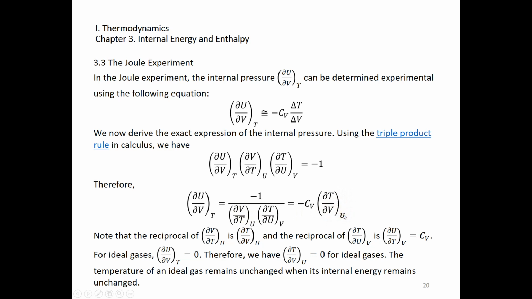For an ideal gas, ∂U/∂V is 0, so this is 0, and therefore this is 0 for an ideal gas. Well, what does this mean? If we somehow can hold the internal energy of an ideal gas constant, then its temperature is constant. It does make sense. If the internal energy is constant, then its kinetic energy must be constant, and therefore its temperature must be constant.